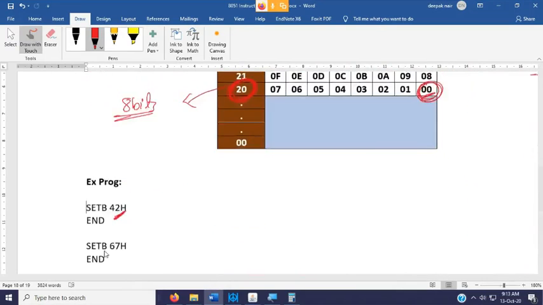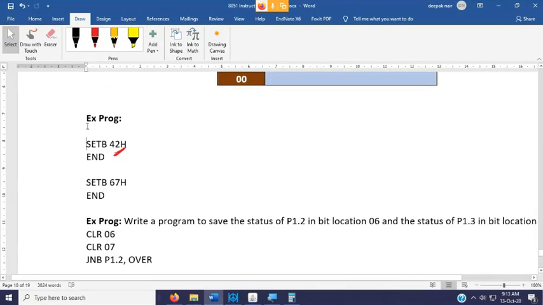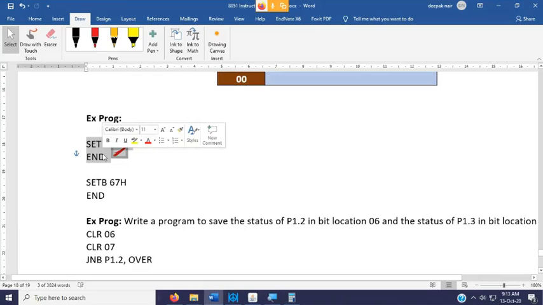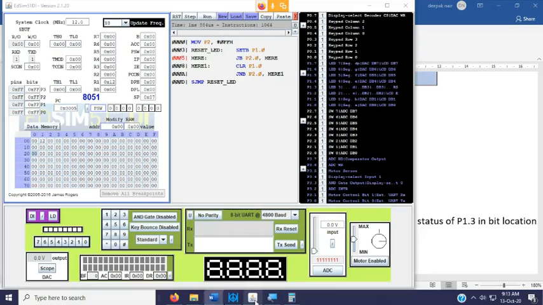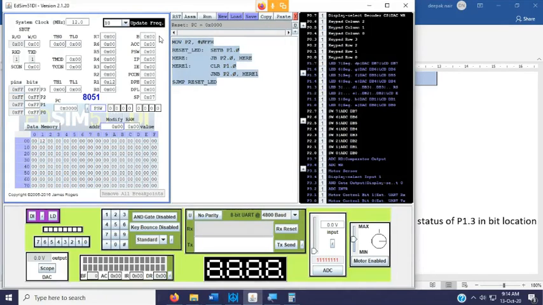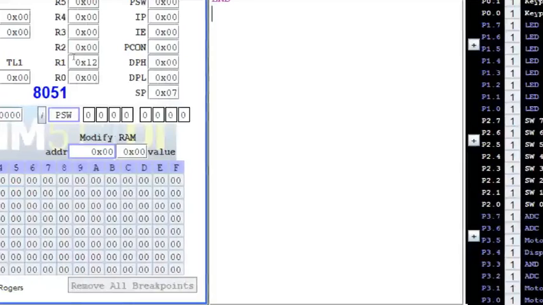So 42 is in 28, and this bit will be high because you are setting that particular bit. And how can we see that in the software? Let us take this program, reset. This is just a simple program. Now remember, you have to keep an eye on the data memory.